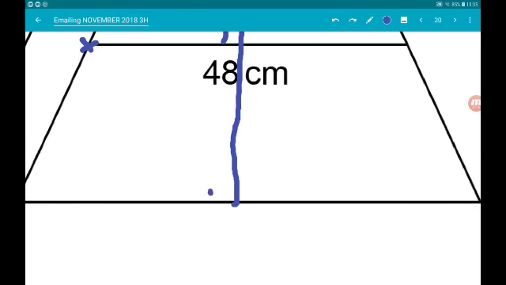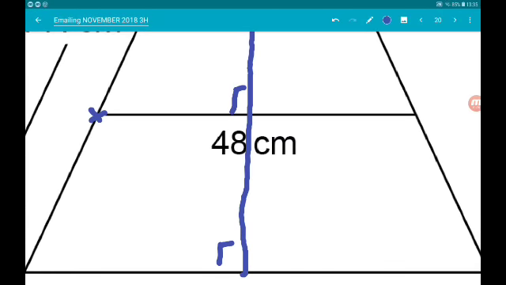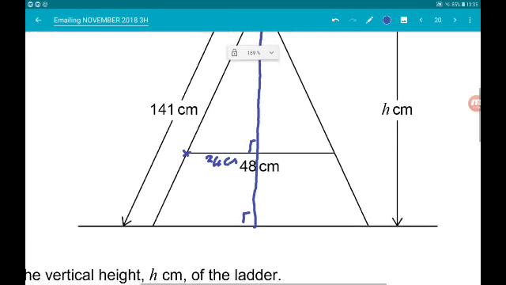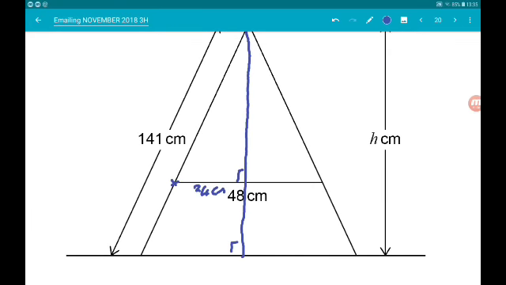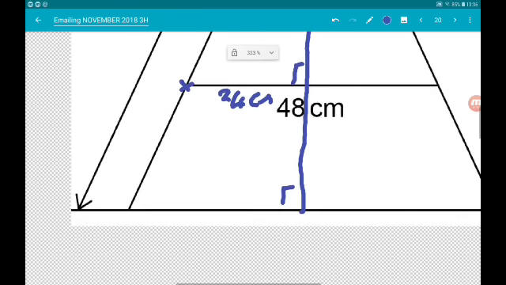Now, what we also know is if we cut the strut in half, it's 24 centimeters. Now, because the strut is 1/3 of the way up, the lengths of the small triangle are 2/3 the length of the big triangle, which means that this bottom half of the base is linked to the 24 centimeters above.